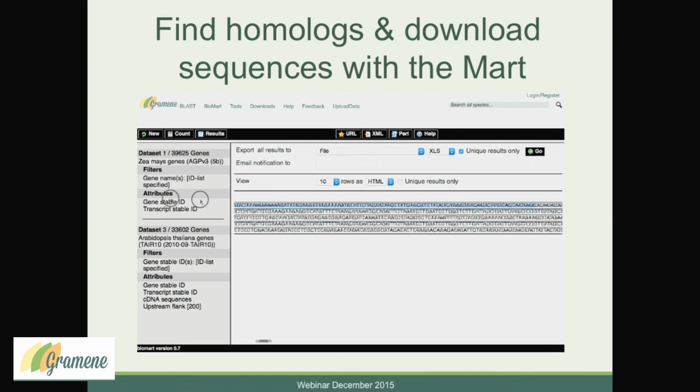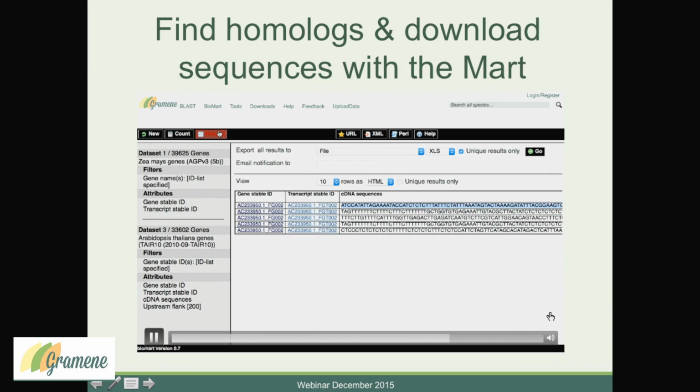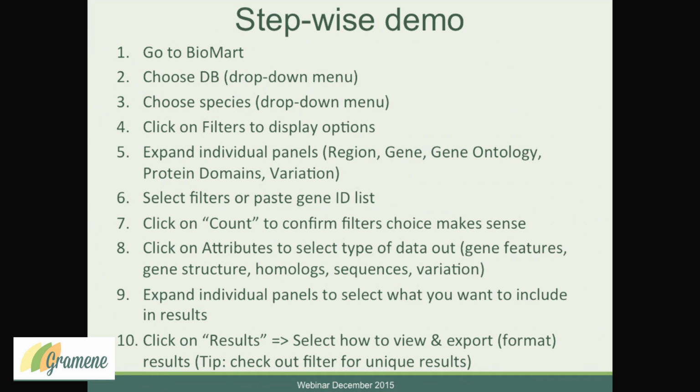So from here to the beginning, there should be 200 nucleotides upstream of this cDNA. And basically that's that. Because of time, I'm going to go to the next slide.